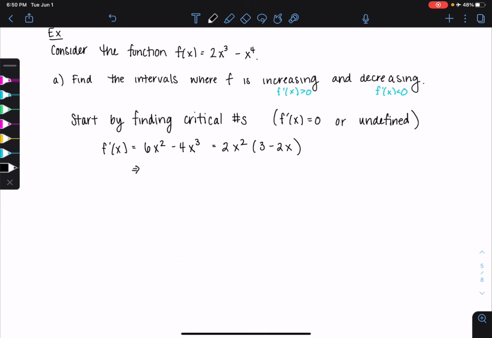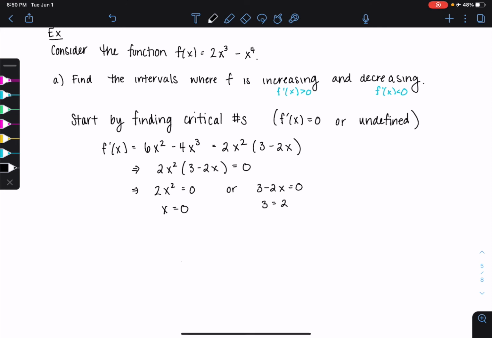This is never undefined, which is nice. So I just want to set this equal to 0. And so that tells us either 2x squared is equal to 0 or 3 minus 2x is 0. The only way 2x squared equals 0 is if x equals 0.